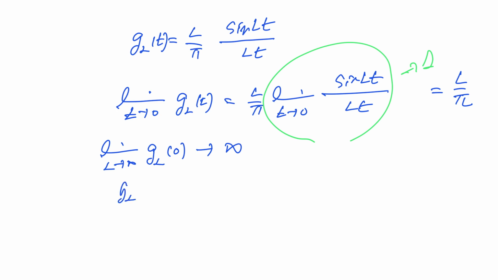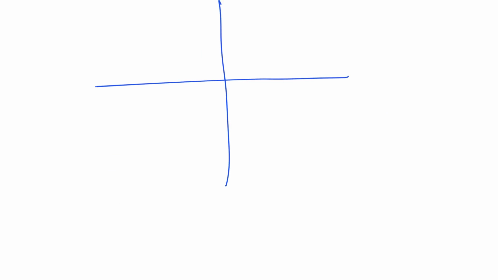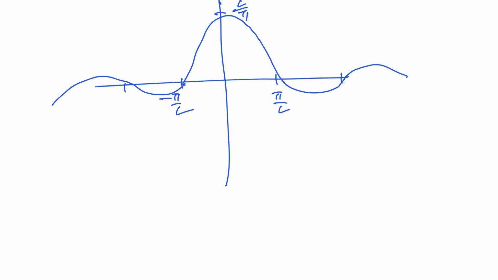When g_L(t) is equal to 0, that means L t must be n pi, so t must be n pi over L. So this function g_L(t) will look like this, from minus pi over L to pi over L, with height L over pi. Something like this.